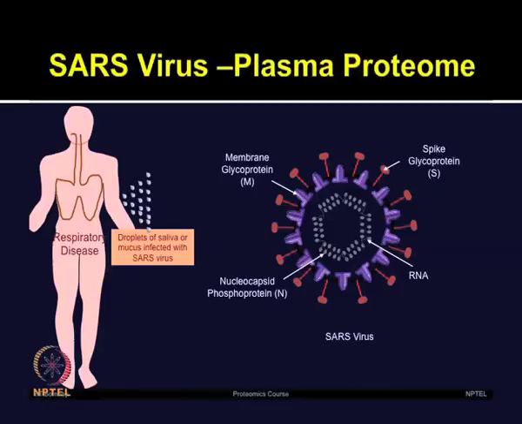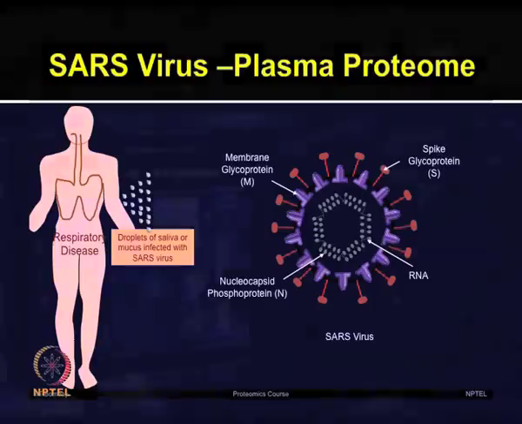However, the pathogenesis of SARS was not very clearly understood. Since serum or plasma provide a very valuable sample to identify targets for diagnostic, prognostic and therapeutics, authors used plasma samples for the analysis of proteomic alteration in SARS patients.